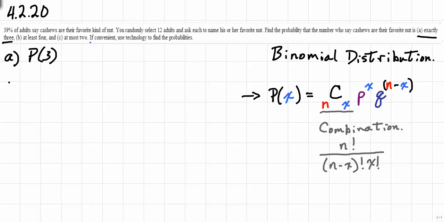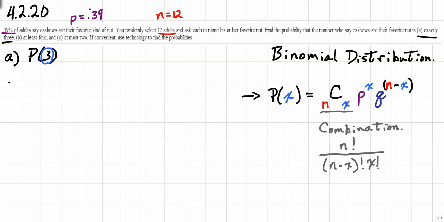But let's understand exactly what we're looking at here. First off, let's understand what x is. In this particular case, x is going to be 3 because we want to understand what the probability for exactly 3 is. And then n is going to be the number of adults that we are looking at, so n is equal to 12. And then we need to understand what p and q are. P is going to be the yes. 39% of adults say cashews are their favorite kind of nut, so I want to let P be equal to 0.39.